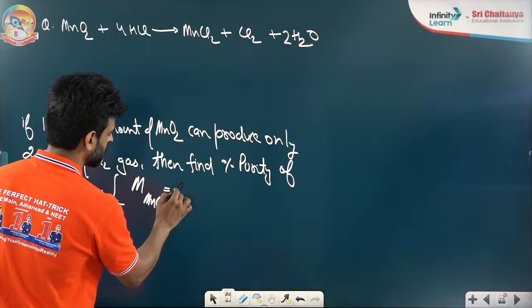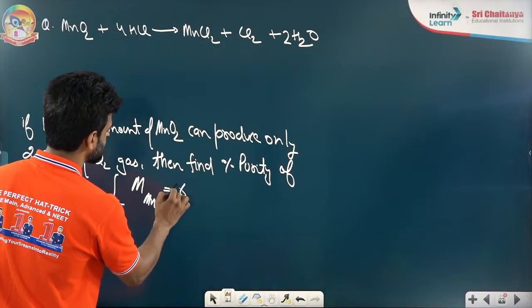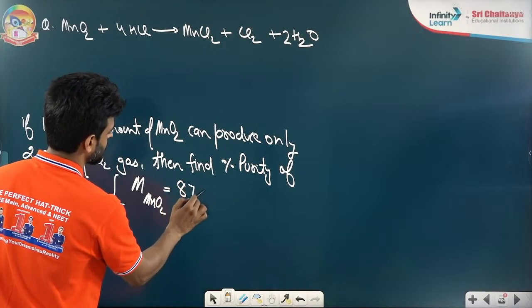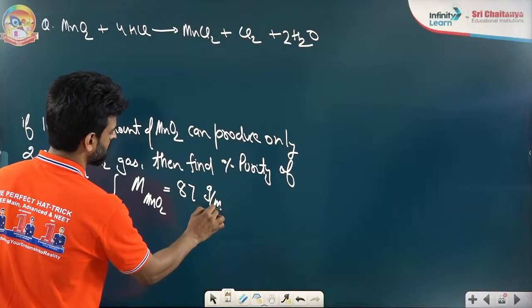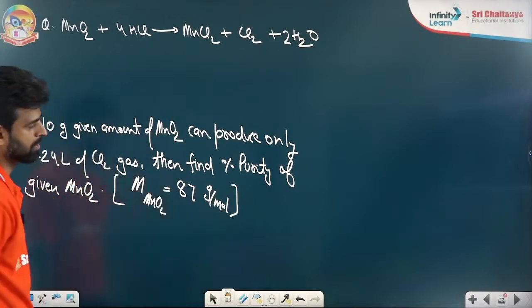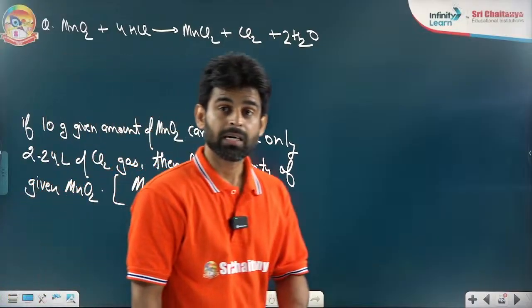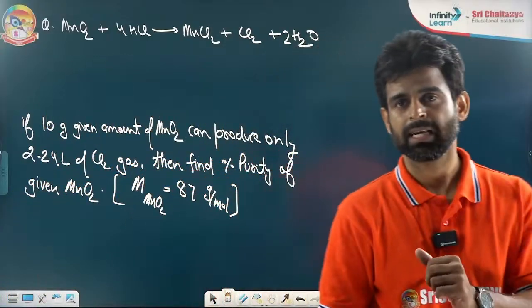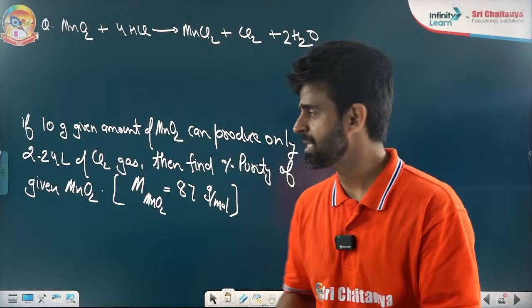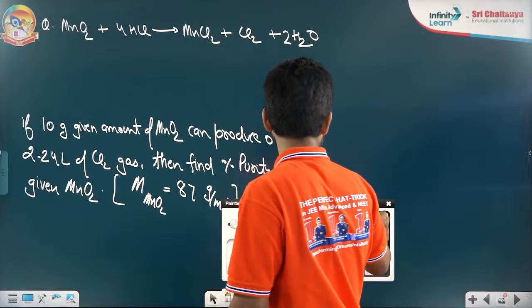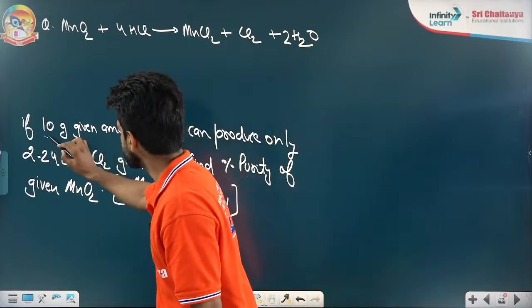The given mass, how much? You can find 87 gram per mole is the molar mass of MnO2. This question is reverse. In this question, they are saying this 10 gram of MnO2 is not the pure amount.